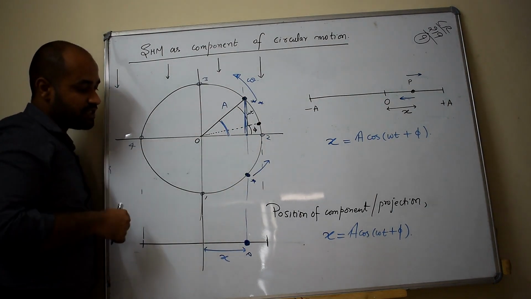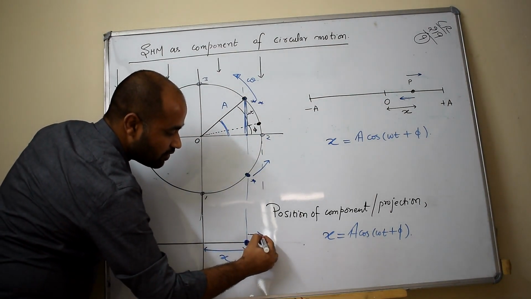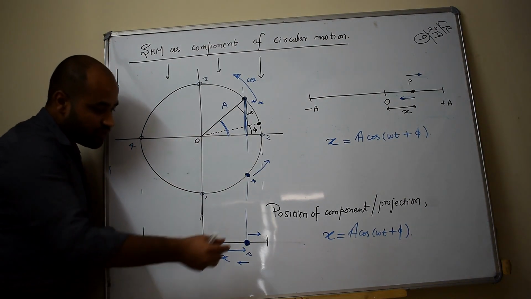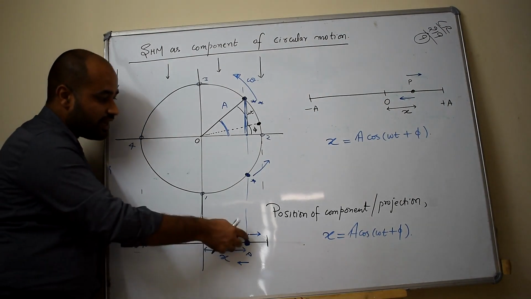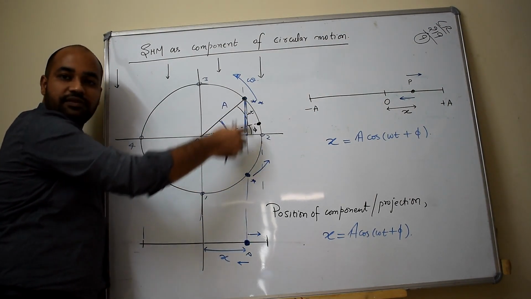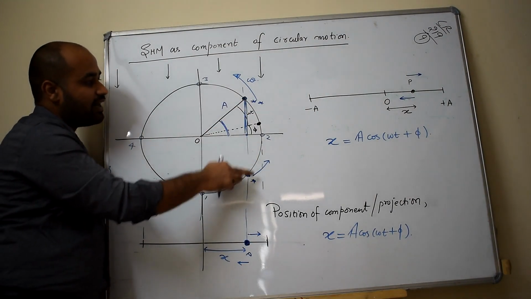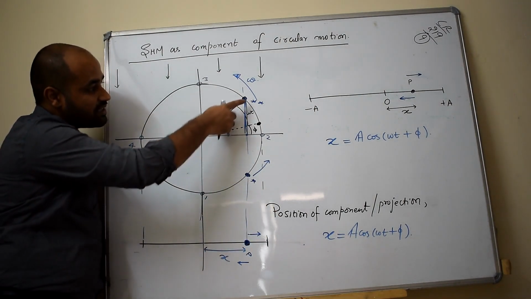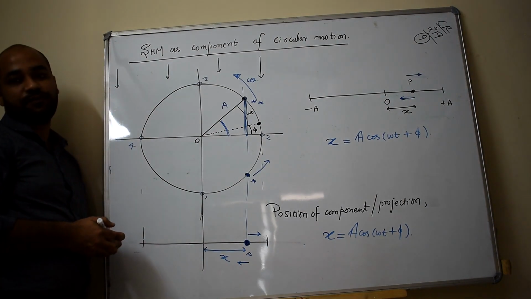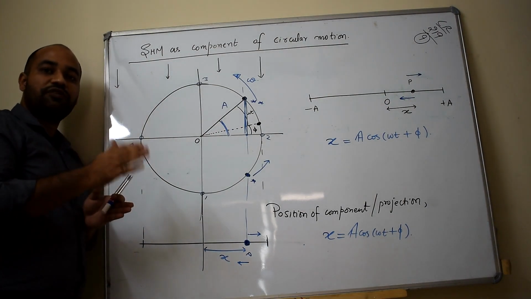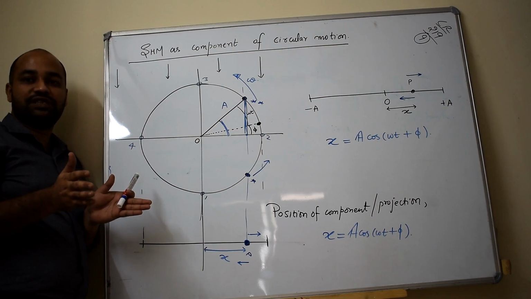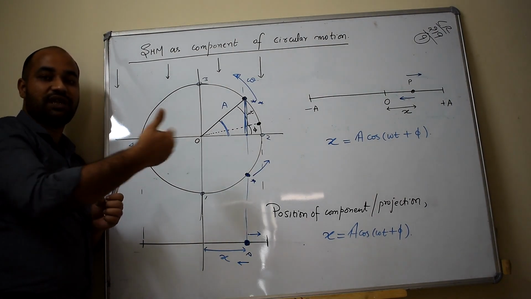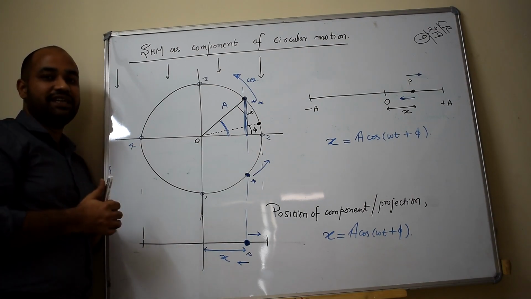So those two situations, the one crossing point P towards right, the other crossing point P towards left, which on the straight line are at a single point, are now separated on the circle as star and double star. Star will be the position when it is going towards right, and double star will be the position when it is going towards left. So it allows us to differentiate between these two situations. A particle crossing a particular position, but whether it is going towards right or left, we can easily distinguish on the circular motion.